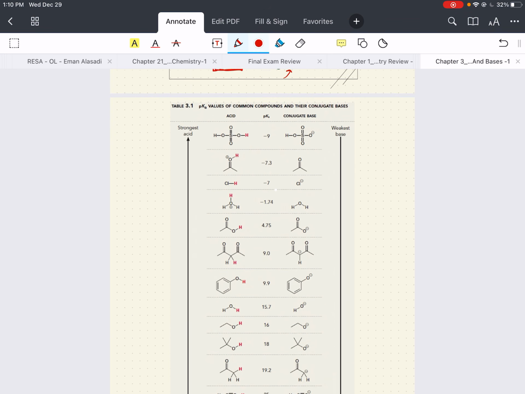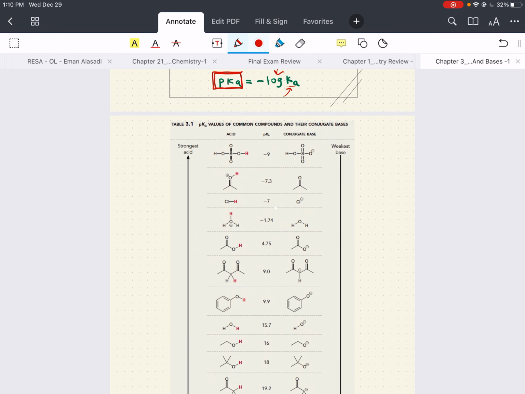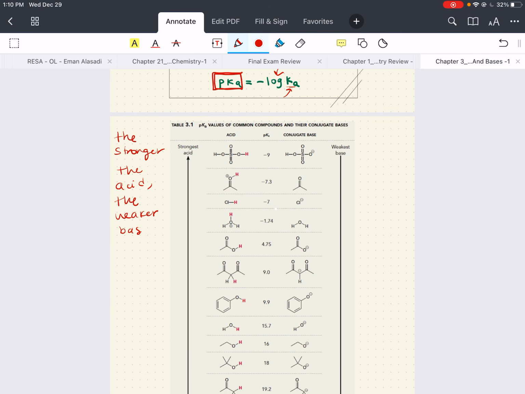Now, some important things to keep in mind. The stronger the acid, the weaker the base. There is this inverse relationship between the strength of an acid and a base. The stronger the acid, the weaker the base.